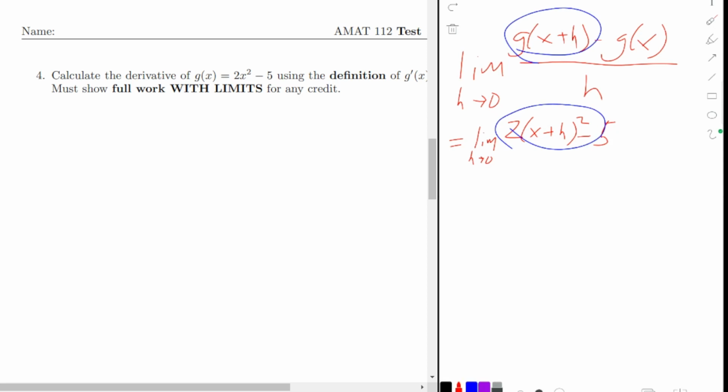All right. Minus g of x. All right, so that's not going to be a 2x squared minus 5, but a minus 2x squared plus 5. All right, and this, including the signs and all of that, is minus g of x, all over h.